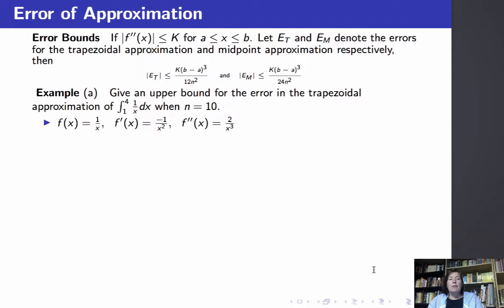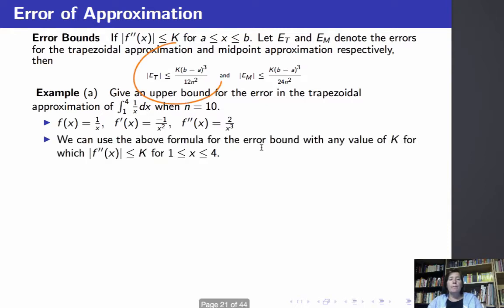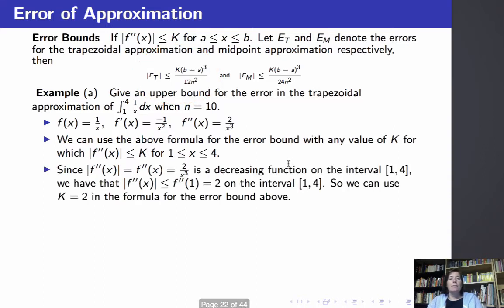Well, f of x is 1 over x, its derivative is minus 1 over x squared, and its second derivative is 2 over x cubed. Our first step is to find some upper bound for f double prime of x on the interval from 1 to 4. And of course, this will be our k in the formula for the upper bound for the error.